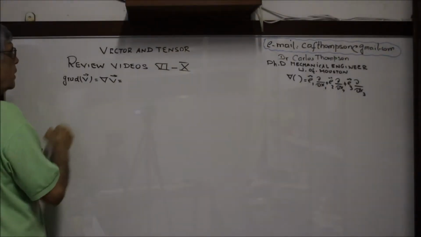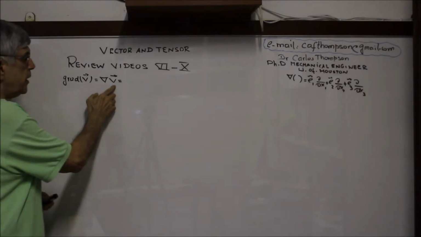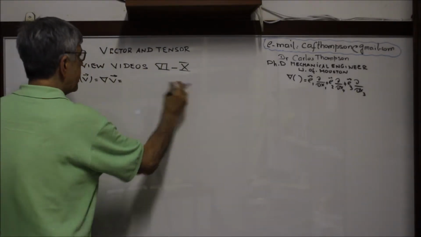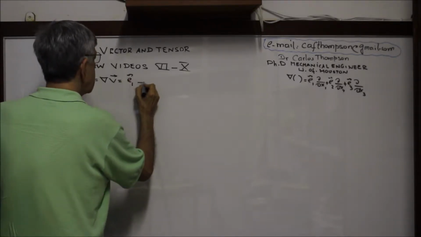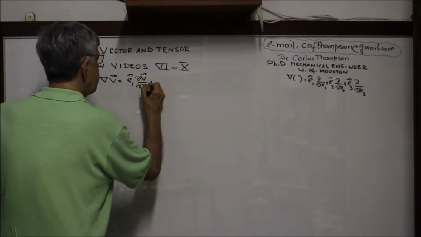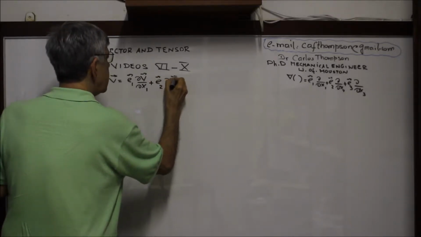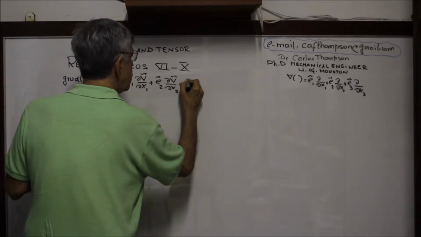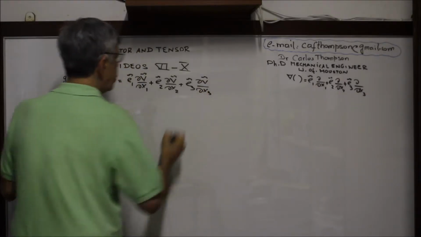So, let us develop the gradient of vector v, which is nabla v. You see, this is nabla over here. So let's expand this. This will be e1 partial of v with respect to x1 plus e2 partial of v with respect to x2 plus e3 partial of v with respect to x3.